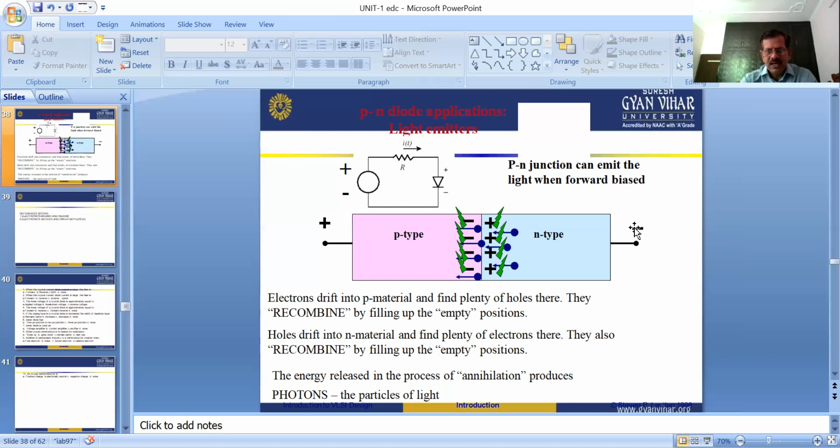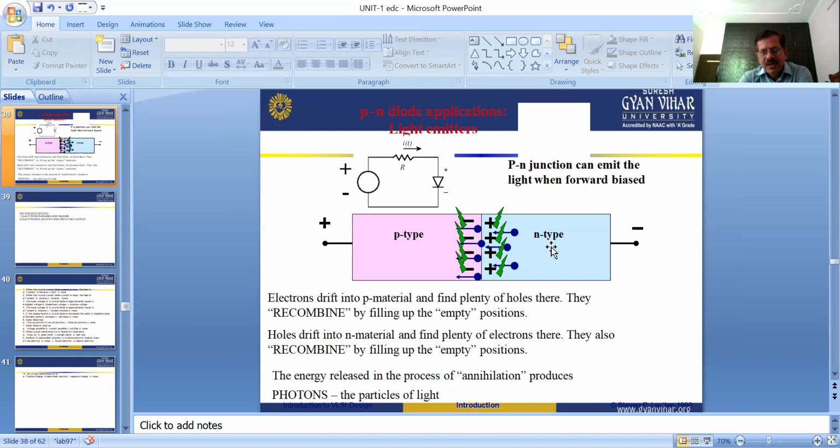So you see here, if we apply the external voltage to this diagram, here is the N-type material and the left side is the P-type material. It means that in P-type material the holes are the majority charge carriers, but electrons are very low, the minority charge carriers.